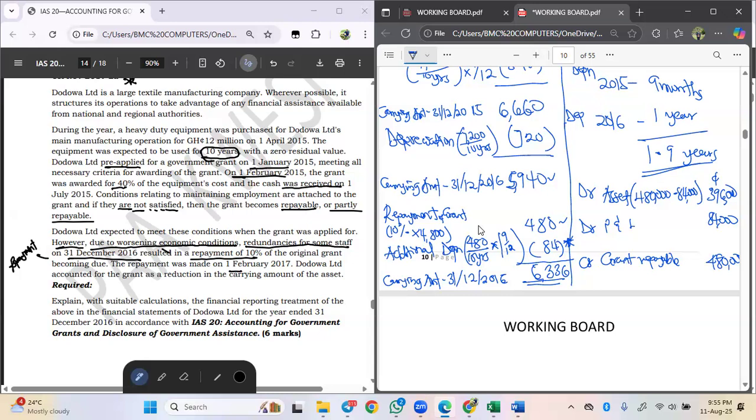That's the repayable amount. In this question, we don't have the full information.